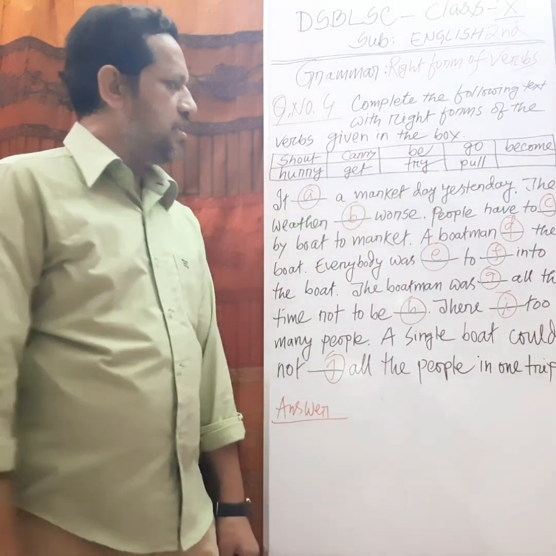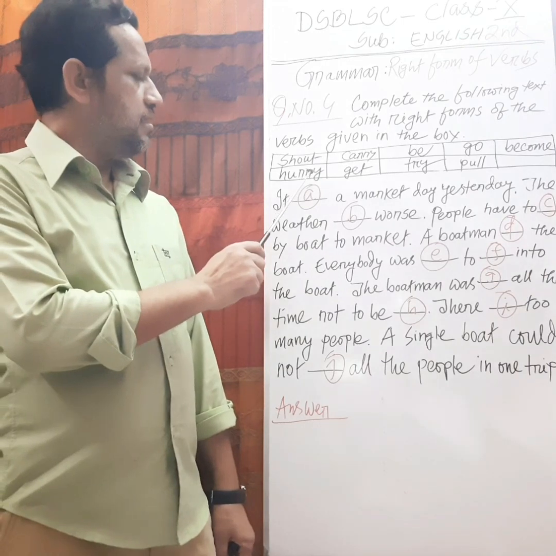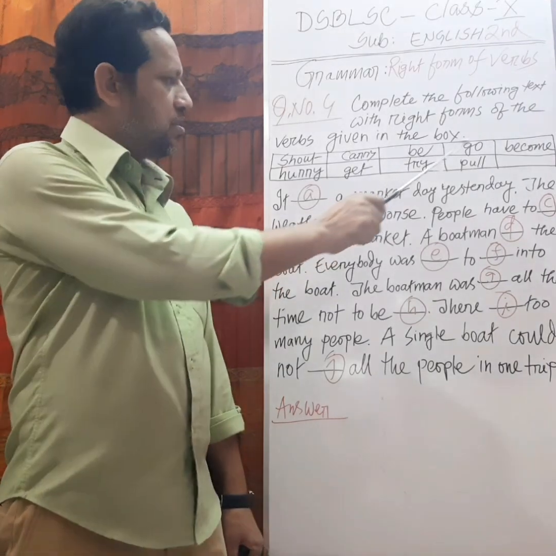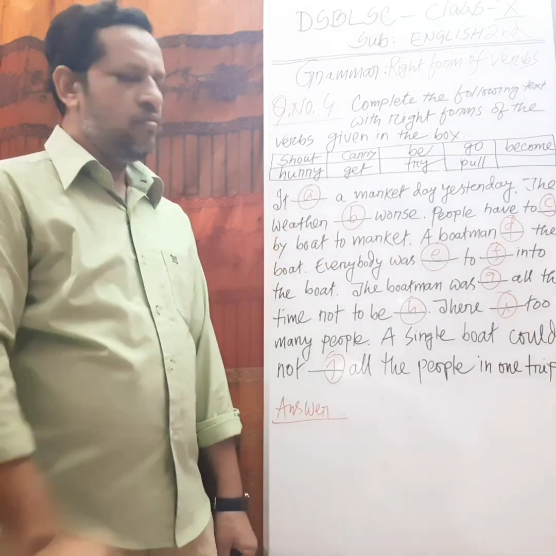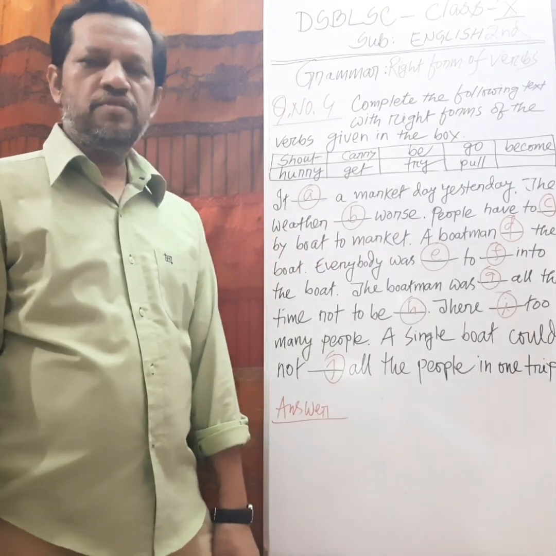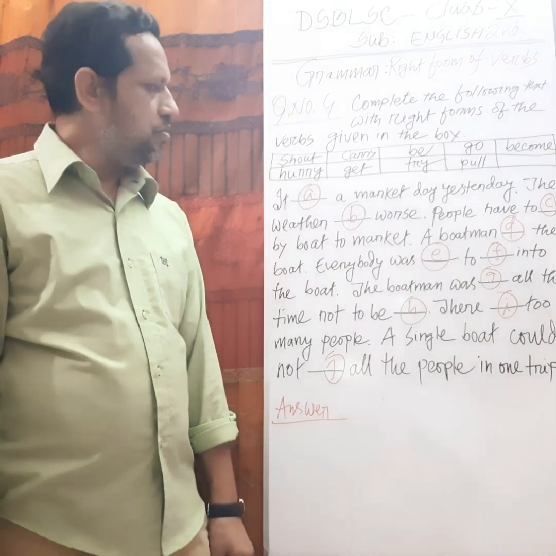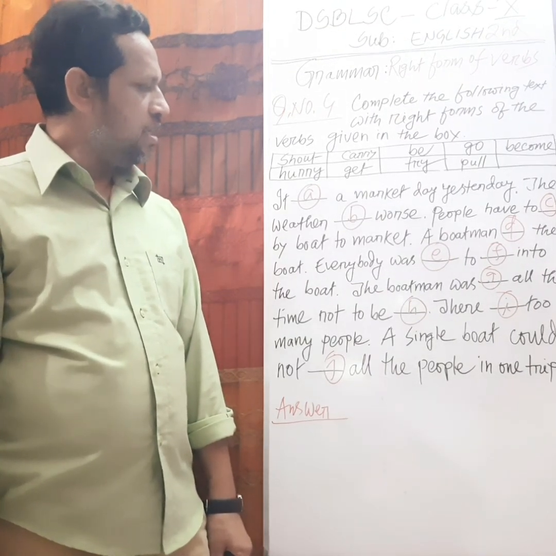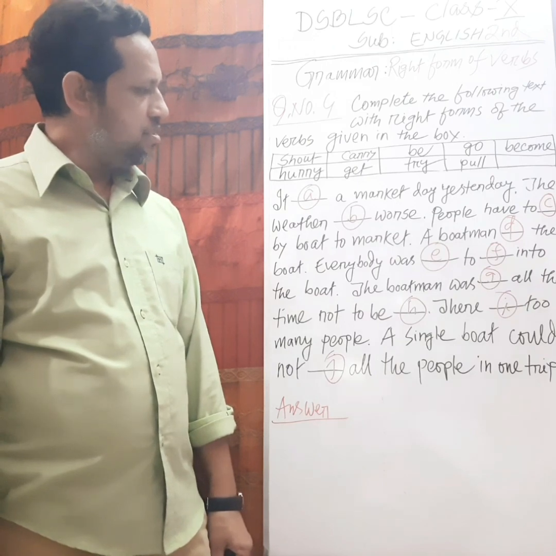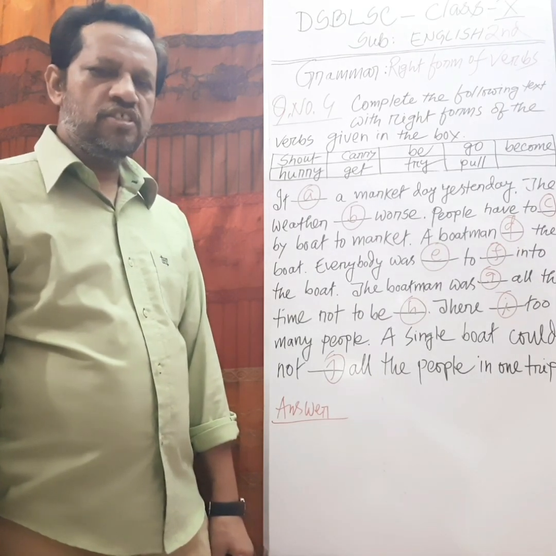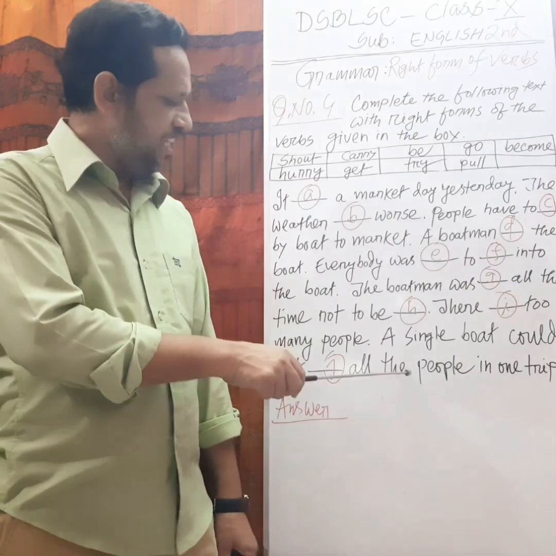You can see there are nine verbs here. All are verbs. You have to read the verbs very carefully, because you have to change the verb and use the correct form of these verbs in the gaps.